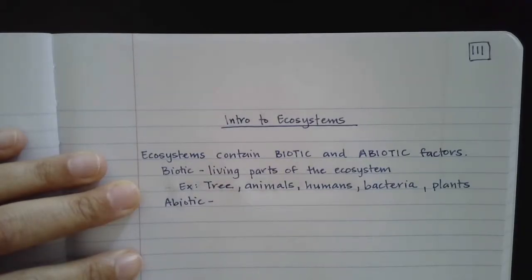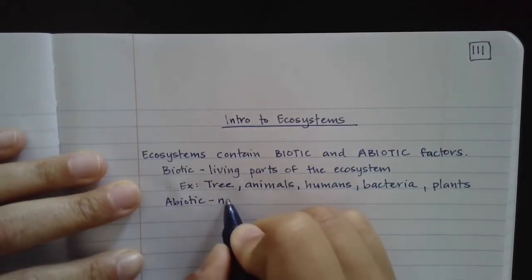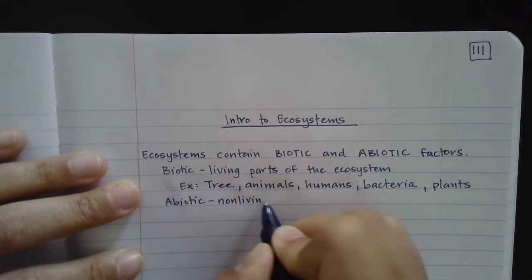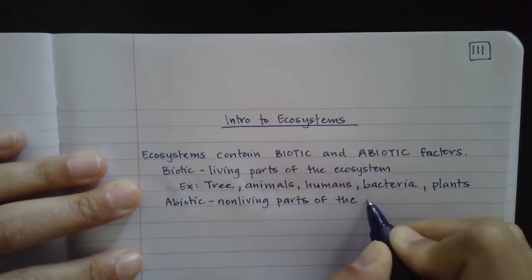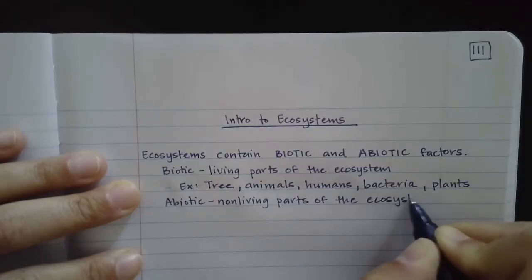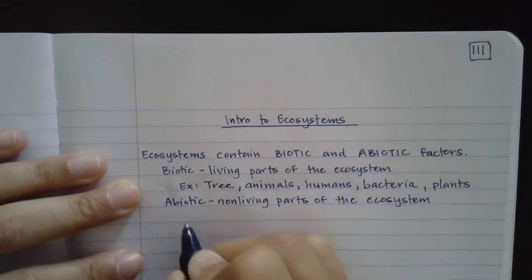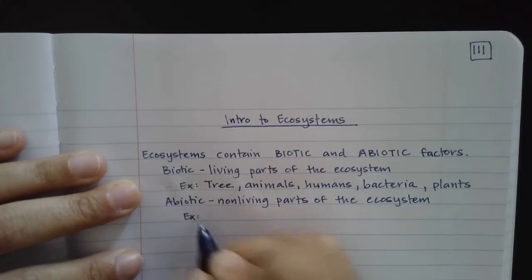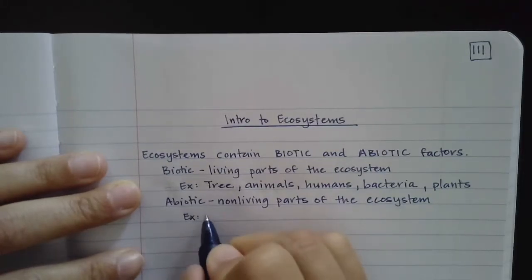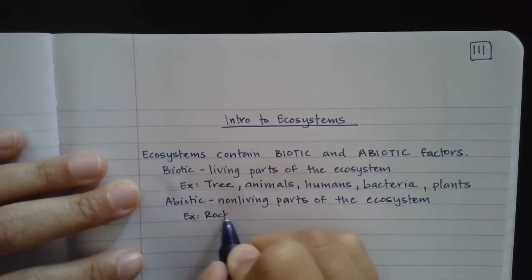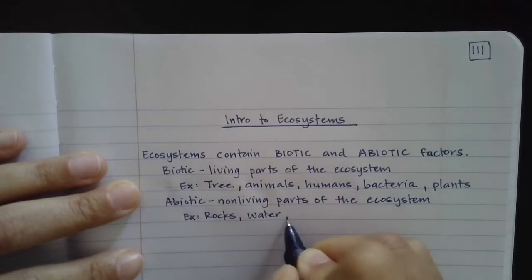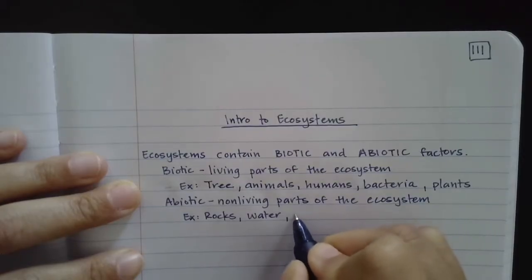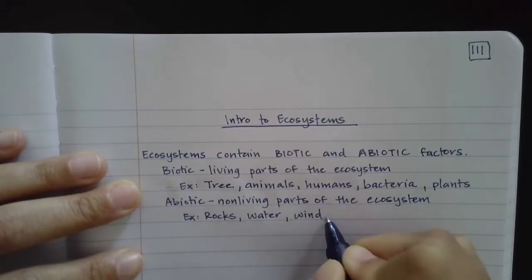The abiotic factors, those are going to be the non-living parts of the ecosystem. So for example, these are going to be things like rocks, water, wind, temperature.